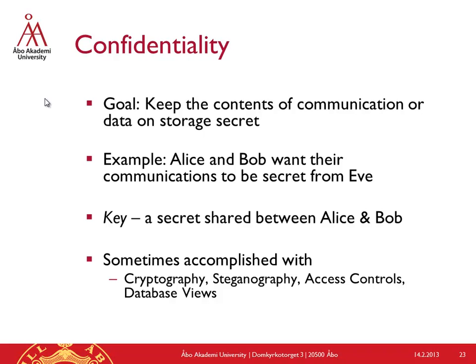For example, we can use cryptography or steganography or some other things. So basically these techniques are based on a so-called key, some sort of secret. This might be a string, this might be a number, but this key is a secret shared between these two persons. If they do not have such a key, there is no ability to decrypt, for example, encrypted information, and so on.